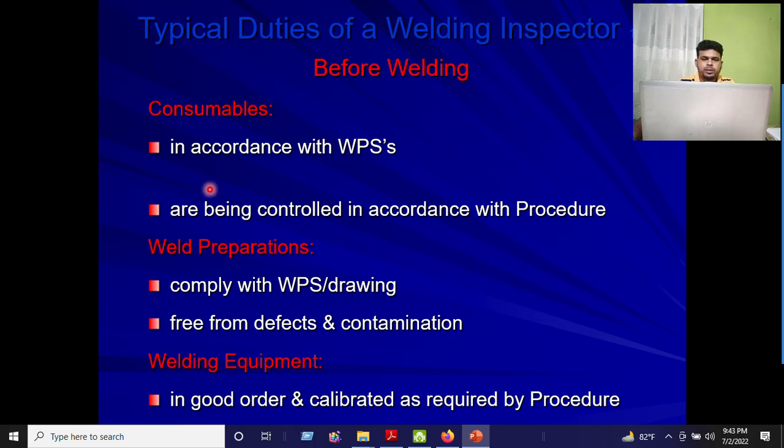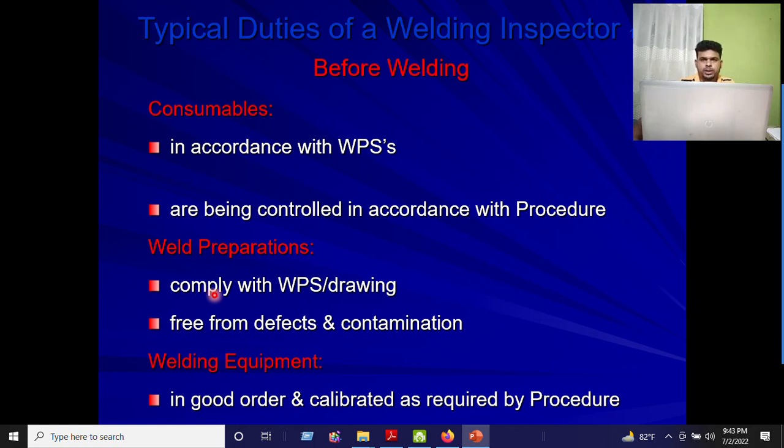Then consumables: we have to check the consumables are in accordance with the WPS and are being controlled in accordance with procedure. So we have to control consumables properly: storage, packing, heating and quality control. Those are the things we have to check for consumables. While preparation, weld preparation also has to comply with the WPS and drawing.